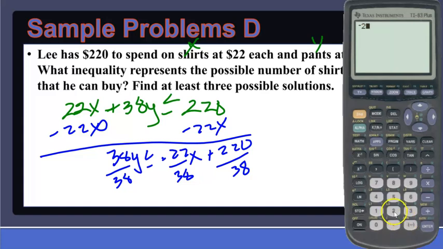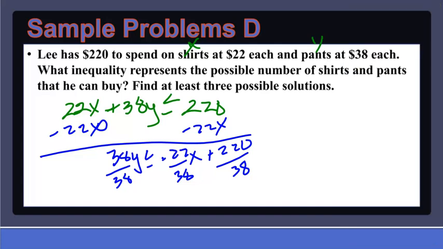So we got negative 22 divided by 38, and that gives us negative 11/19. So y is less than or equal to negative 11/19 x plus, and if I divide 220 and 38 by 2, that's going to give us 110 over 19.